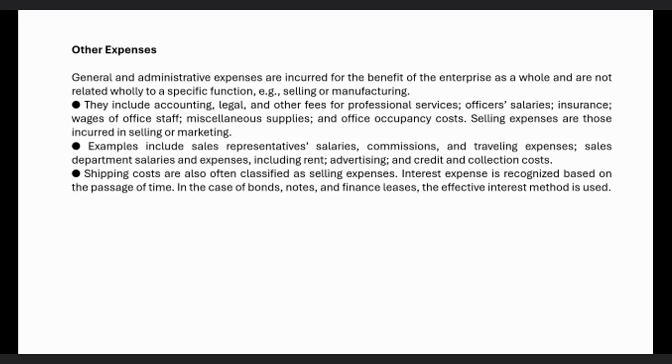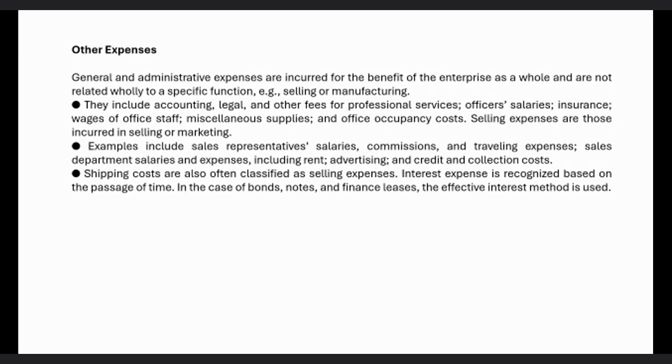Selling expenses are those incurred in selling or marketing. Examples include sales representatives' salaries, commissions, and travel expenses, sales department salaries and expenses, including rent, advertising, and credit and collection costs. Shipping costs are also often classified as selling expenses.